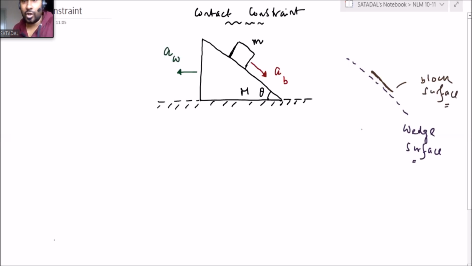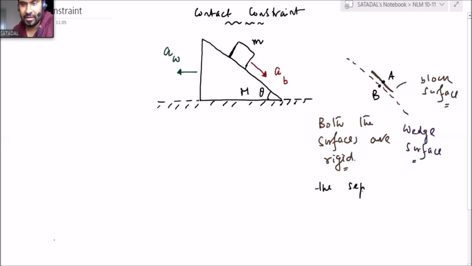Tell me one thing, both the surfaces are rigid. So if we take 2 points, let us say I'm taking 1 point over here, point A, and 1 point over here, point B. So I'm writing the separation between A and B can't increase or decrease.